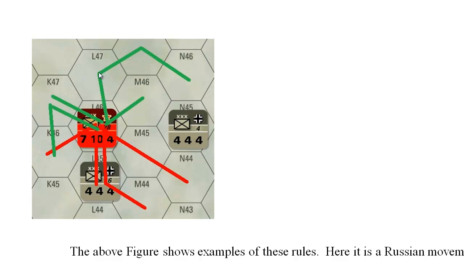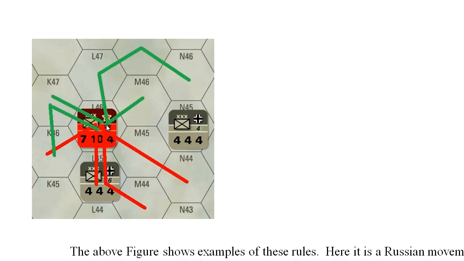And having done so, the Russian infantry could continue on its way to here, and if it wanted, to here. When it moved to the 3rd square, 1, 2, 3, it would have entered the zone of control of the 4th infantry, and therefore when the Russian unit reached here, it could stop. It would be required to stop.